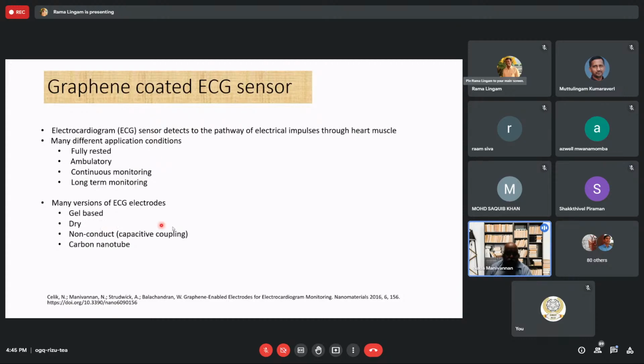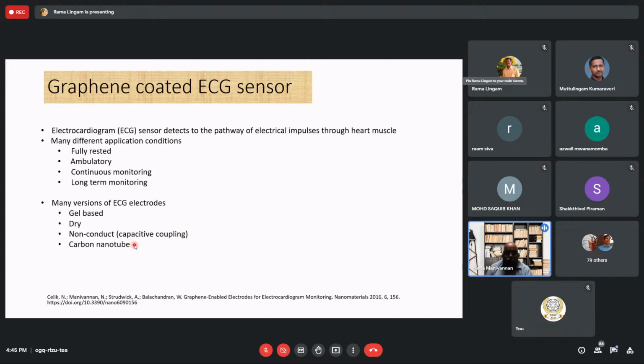And the next one is non-contact. That means the electrode does not touch the skin, but it works through a capacitive effect. Between the skin and the electrode, we have to create a capacitive effect, but they are not becoming that popular because they are still in a research stage, as I know.